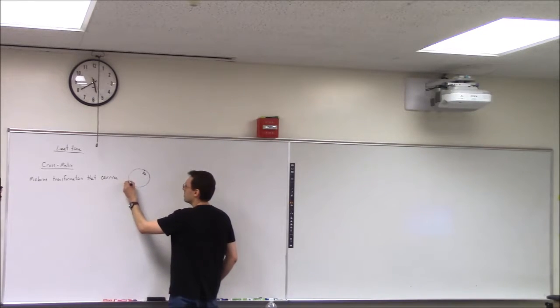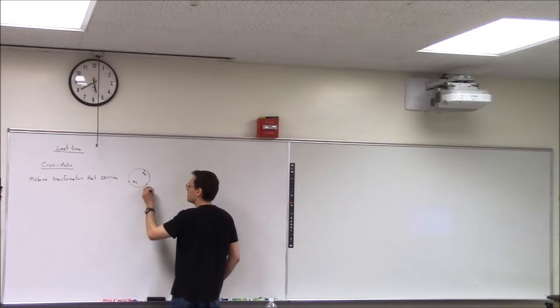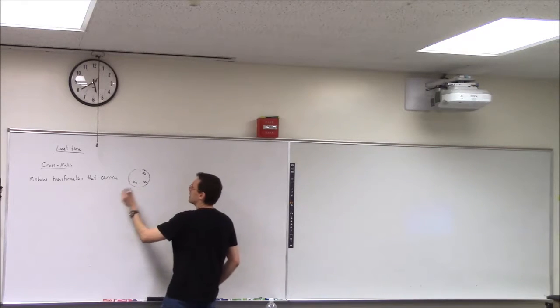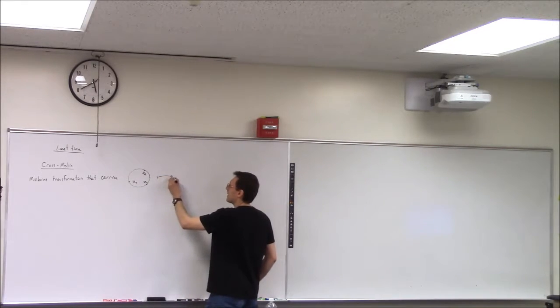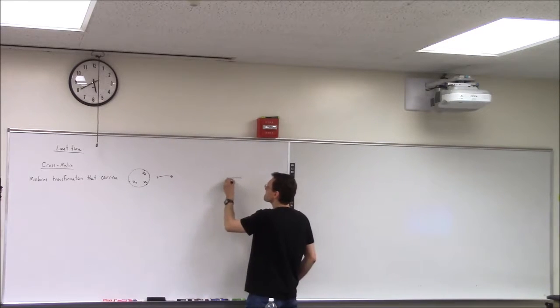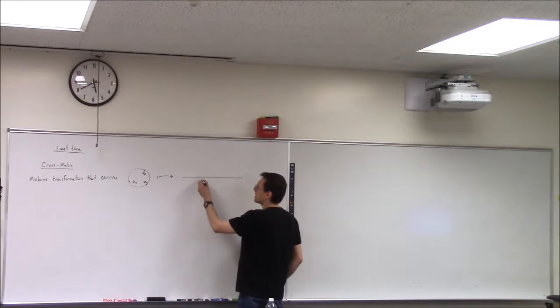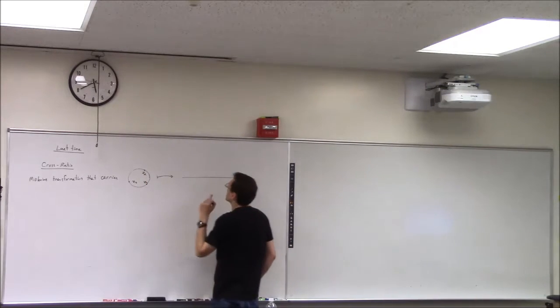So we take Z2, we take Z3, and we take Z4, and what does it do? It will carry it onto a straight line. And what will be true about that straight line is that I chose very convenient points.